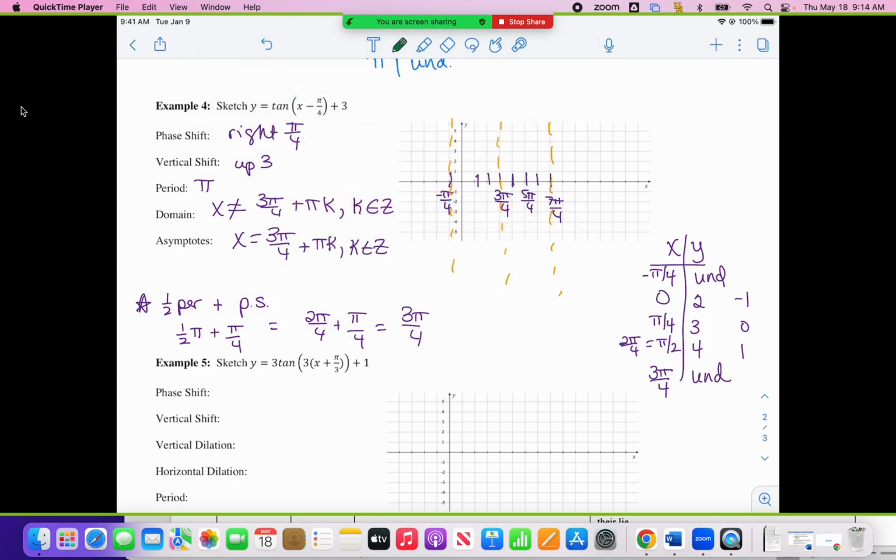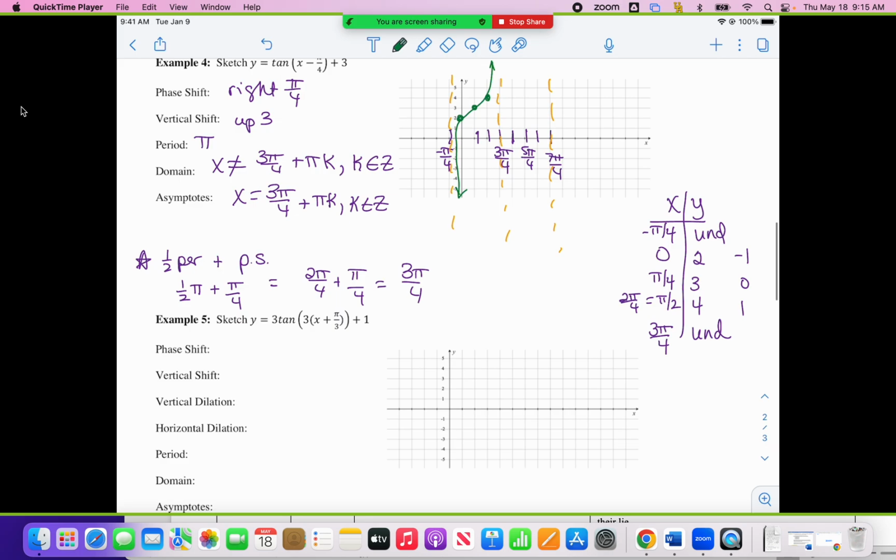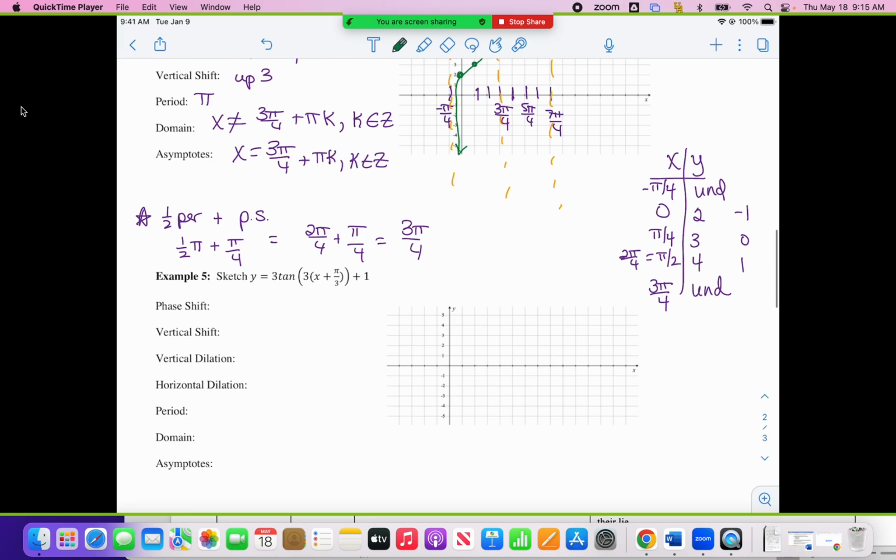Then I have 0, 2, pi over 4, 3, and pi over 2, 4. Another possibility here with your vertical shift is you could make a new x-axis and move it up, but I think these are easy enough to figure out. We'll see.